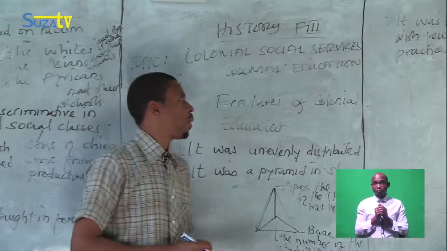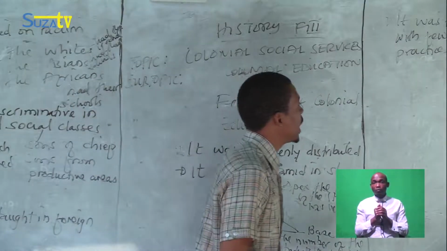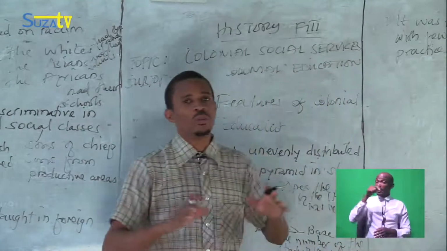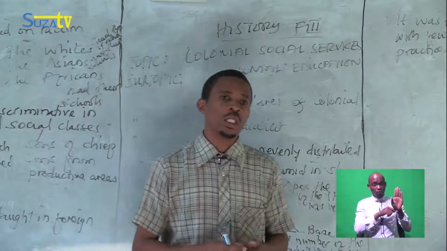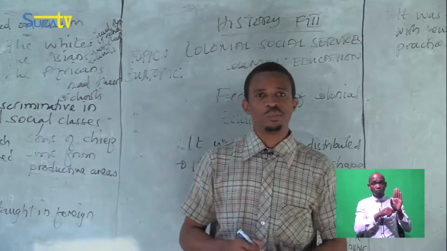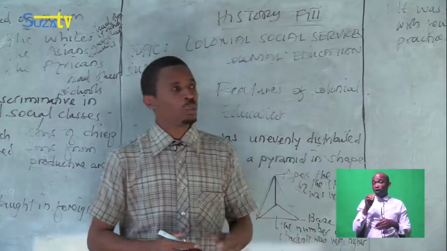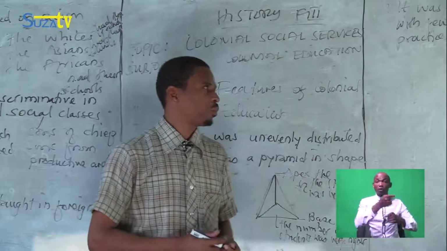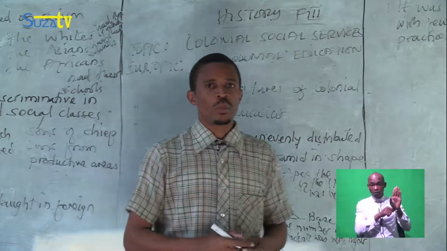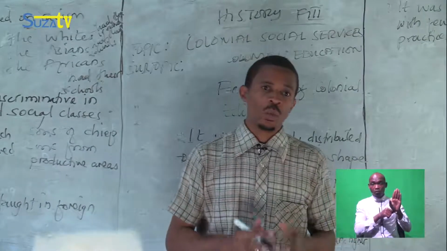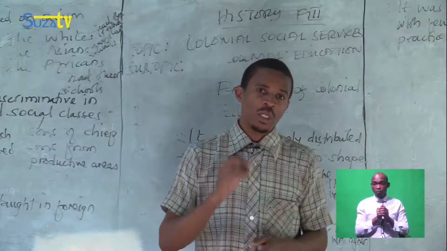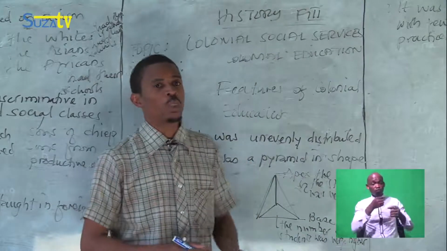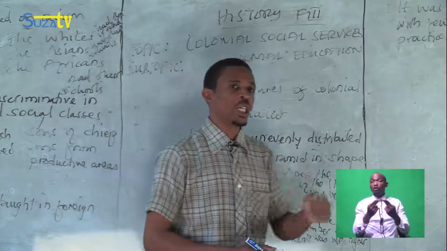Okay. The whites came to Africa to exploit the Africans and their resources. They came not to develop the African continent, but to exploit African resources.